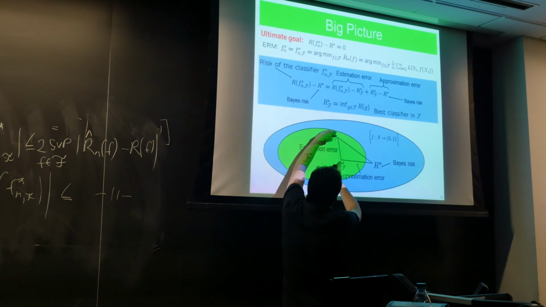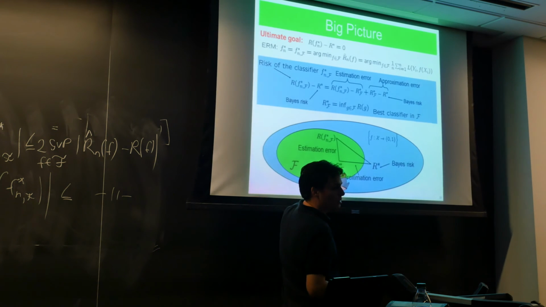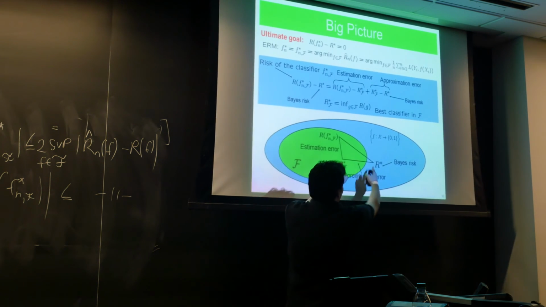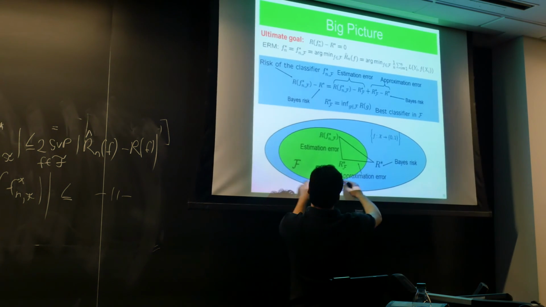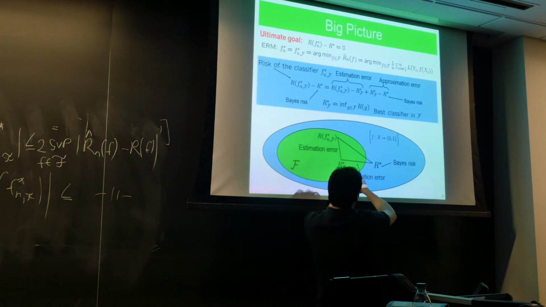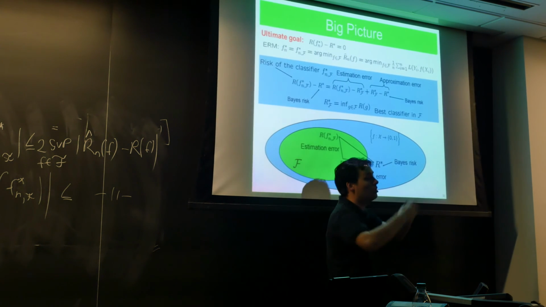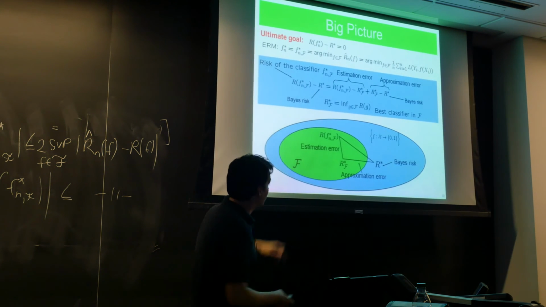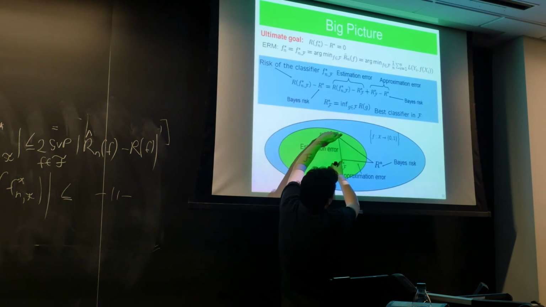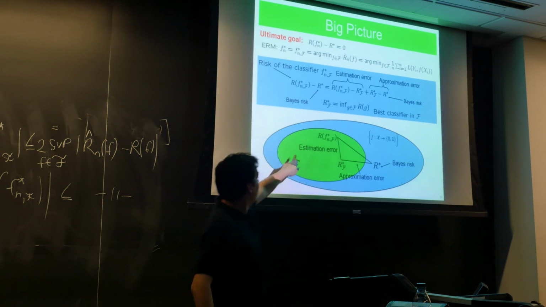I see. Okay, so we just focus on the estimation error this time. Okay, so this f is fixed. If you care about this, then you need to increase the function class f to get larger and larger, and then the minimum risk in the function class f would converge to the minimum risk among all functions. Okay, so what we are doing now, we just decompose this even further. So we bound the estimation error.